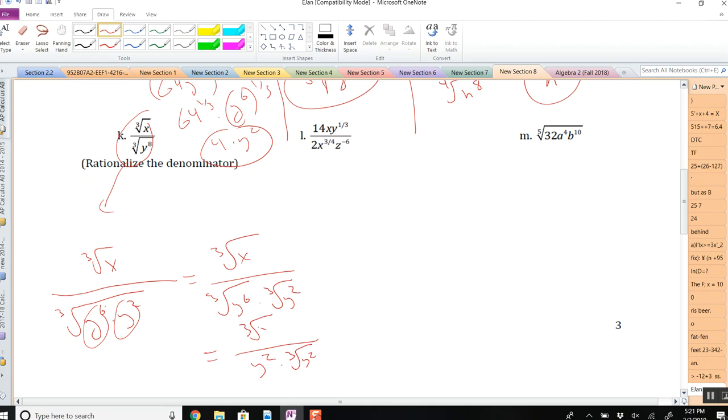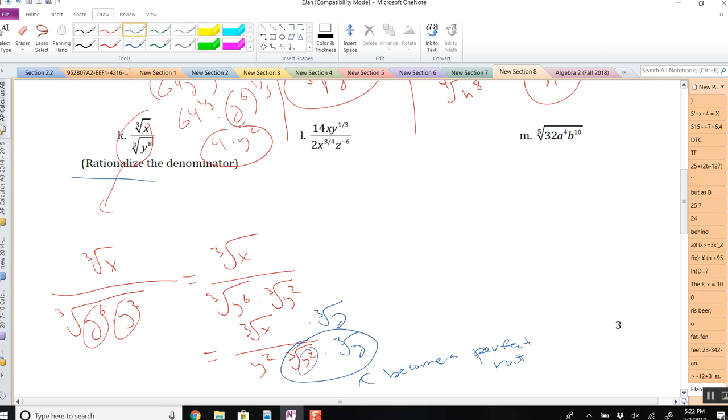Now this part's a little tricky. What you're going to do is multiply both top and bottom by the cube root of y. The reason why is that you want this to become a perfect root, meaning that you don't want any radicals in the bottom if you're trying to rationalize it.